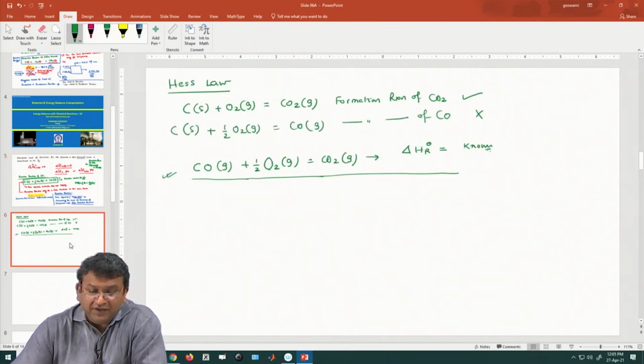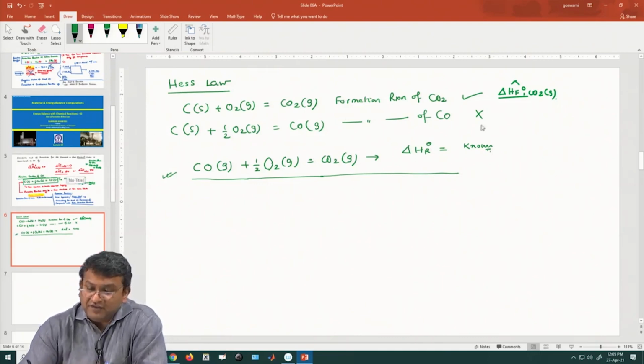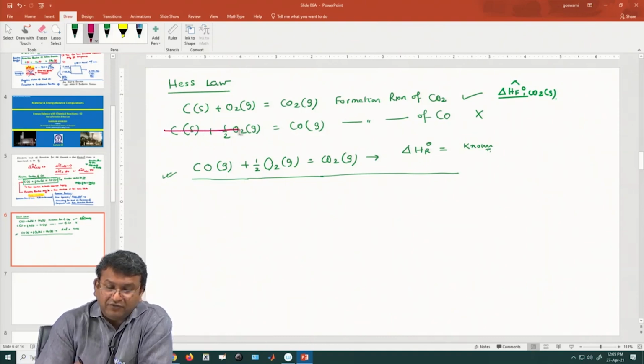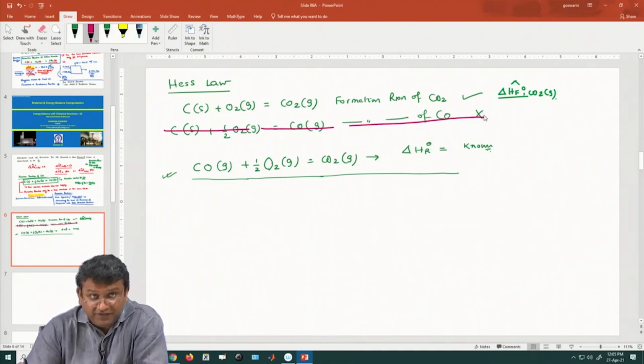So, here is the situation. We know the formation reaction of CO2, and we know this delta HF0 for CO2. For this, this is a fake reaction, this is not available. So, let us strike it off. This reaction is a fake reaction, so no data is available on this.